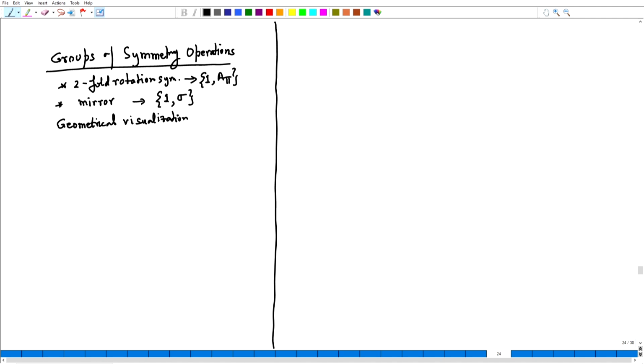So, geometrical visualization could be seen like this. Let us try first of all a two-fold. So, I have a two-fold rotation axis at some point A, and this dotted line I am just drawing as a reference.